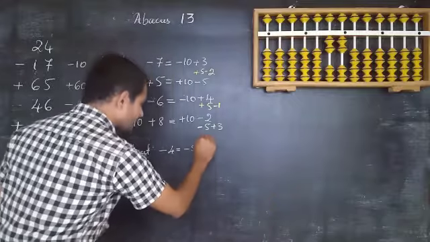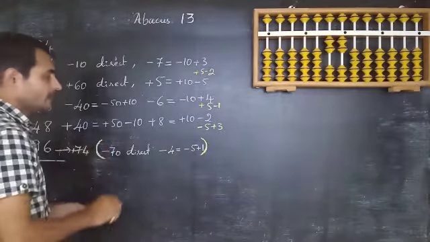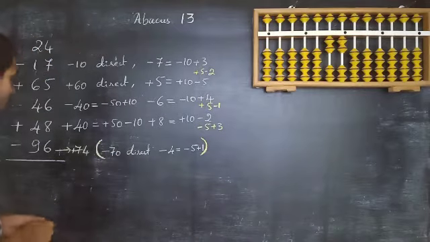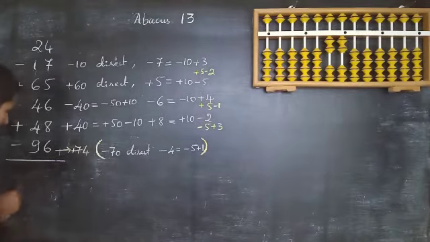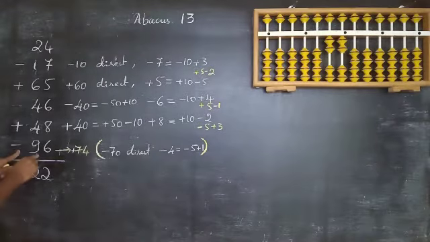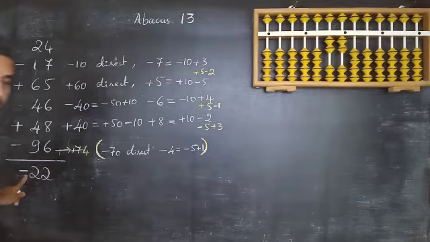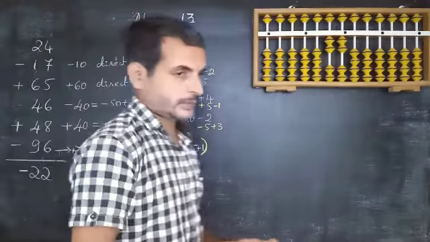This entire thing is done in reverse order. Answer 22. But negative number, so 96 minus 74 is minus 22. What is the answer? Minus 22.